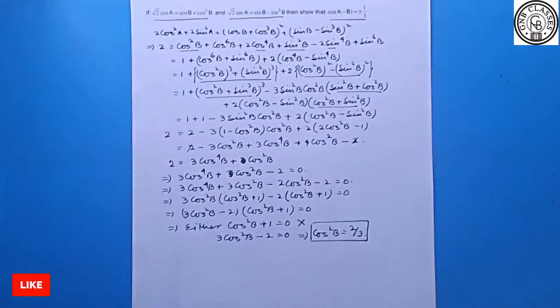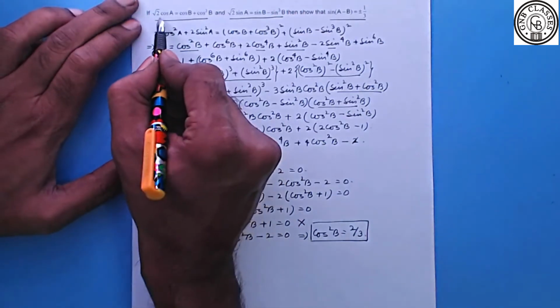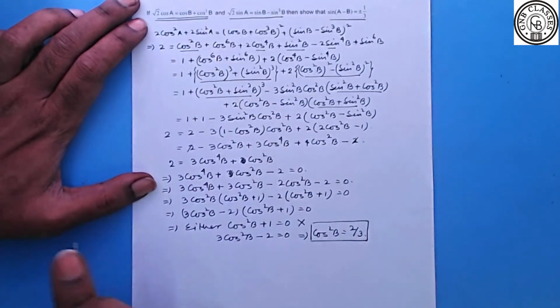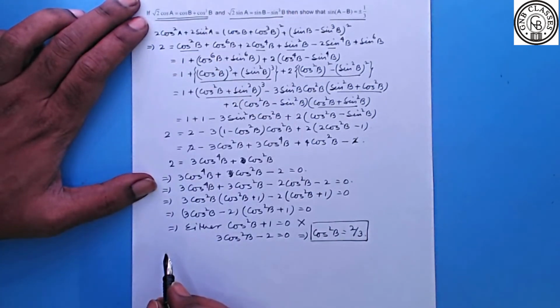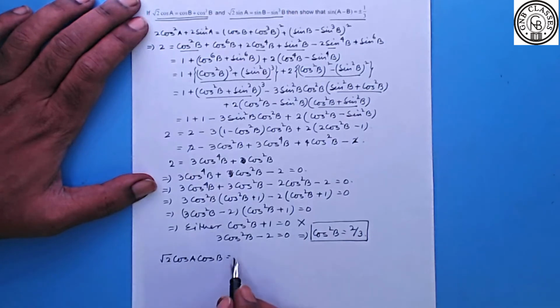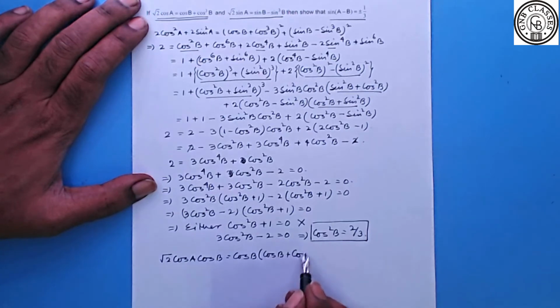Now, for the first equation, what I'm doing is I am multiplying both sides with cos B. So we are having root 2 cos A cos B is equal to cos B plus cos cube B. Okay.